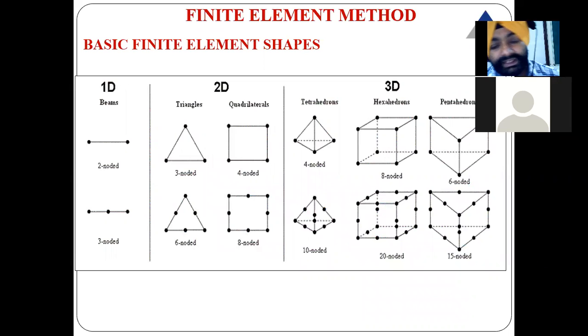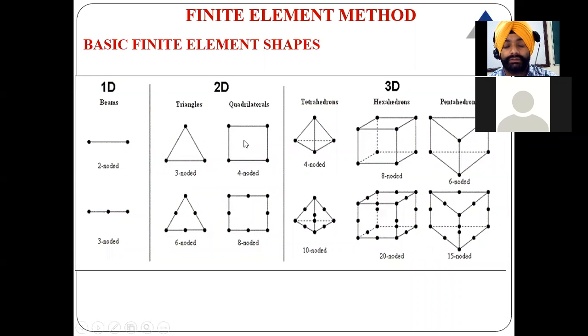Now you can divide the mesh into these figures that are on your screen. If it is a line, you can divide it into two nodes. It can be three nodes also. Now a triangle, say it is a 2D figure, you can divide it into triangles.